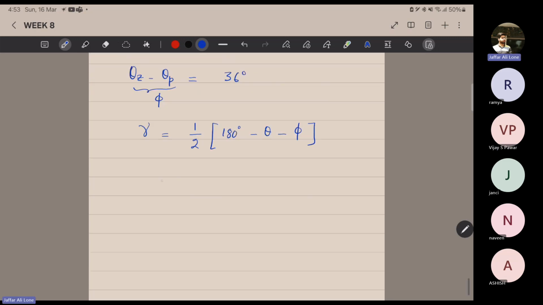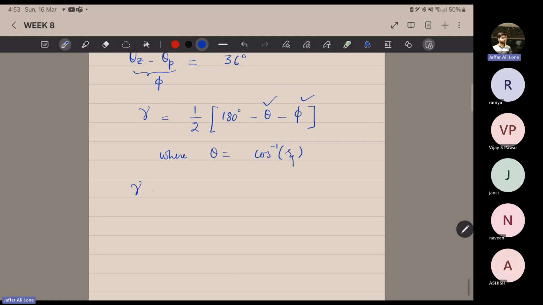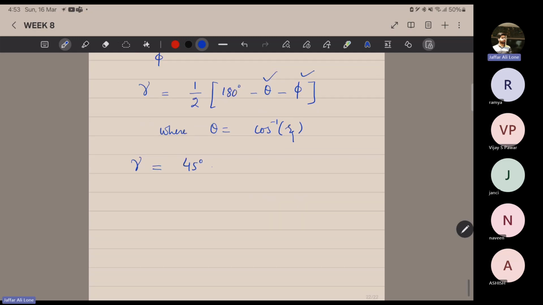And this theta is cos inverse of something. You know theta because you know gamma, and you know phi, the angle deficiency. So in this case, gamma is coming out to be 45 degrees, right?